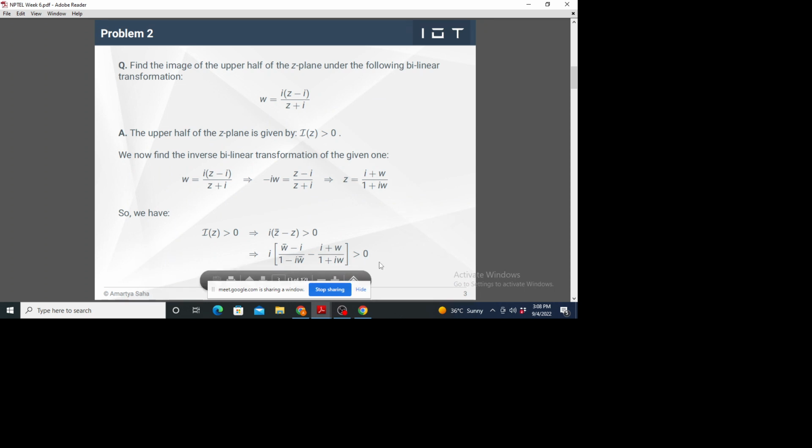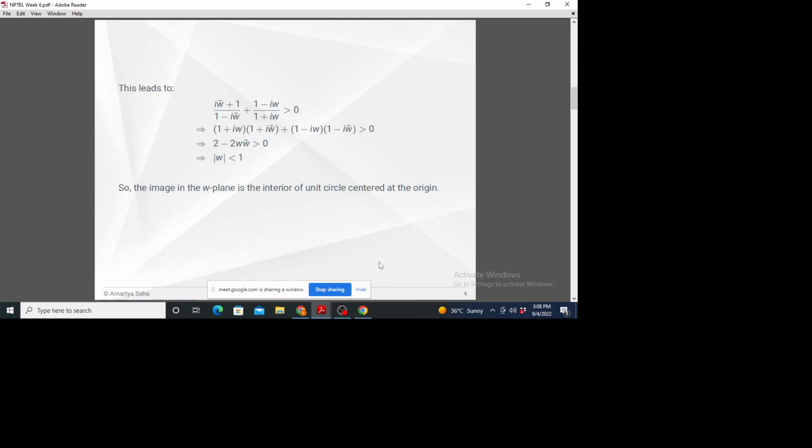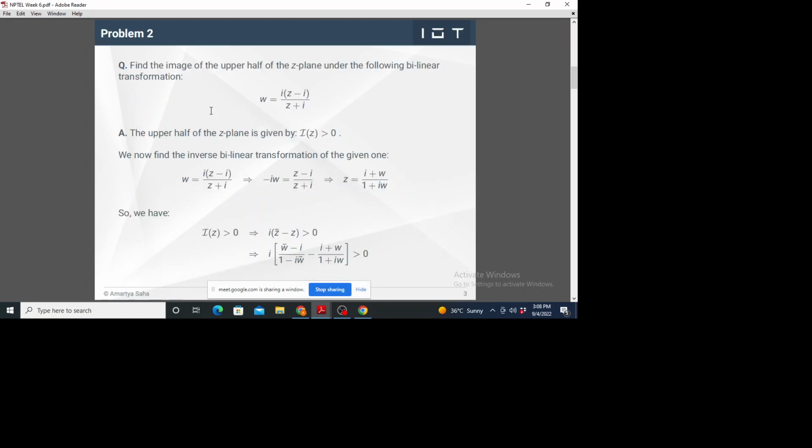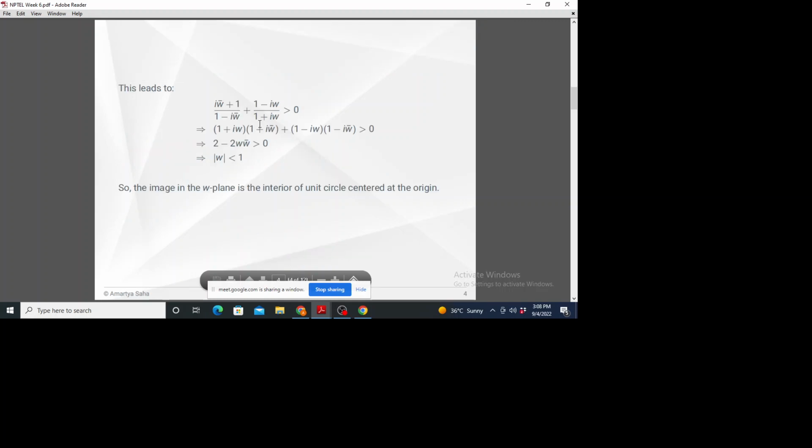And after this substitution, we will of course perform some simplification. After I have multiplied by i the thing that appears inside this square bracket, that gives us this, and then I have added these two terms.